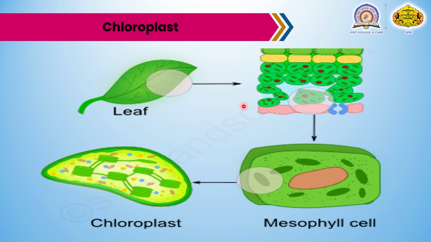In the TS of leaf, various cells or tissues are seen, mainly the mesophyll cells. In the mesophyll cells, mainly the chloroplasts are present. So this is the chloroplast, which is found mainly in the mesophyll cells. This is the introduction about the chloroplast.